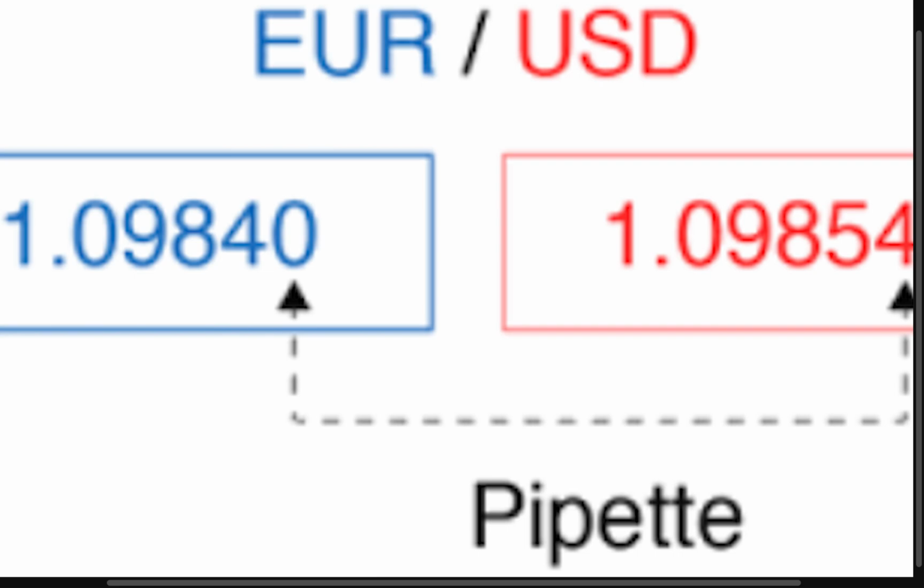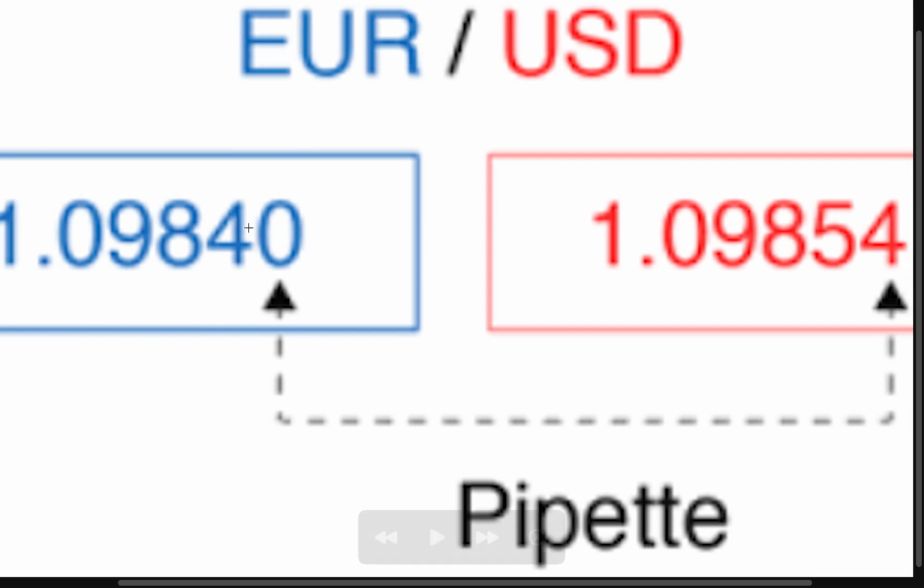It is insignificant, but it is there, so you'll be able to note it. So this particular one you're seeing here is a pipette. Then the one after it is called a pip. That is where you start from in calculating your pips, then multiplying it with your lot size in order to get your profits in your preferred currency.